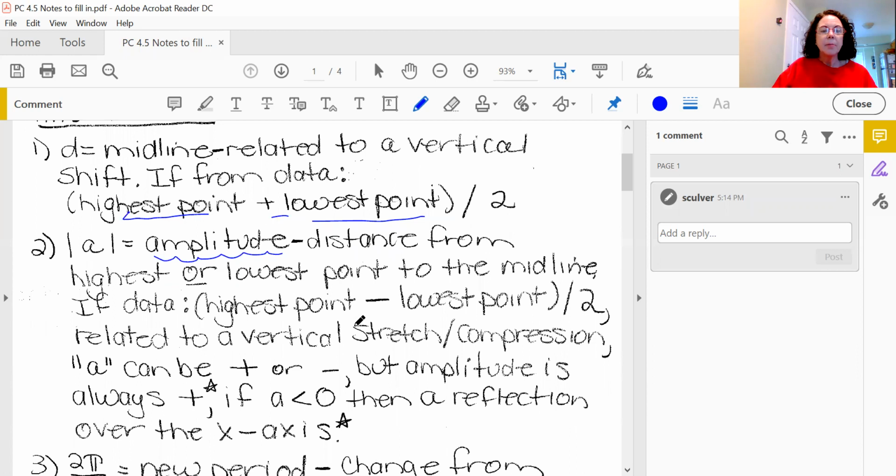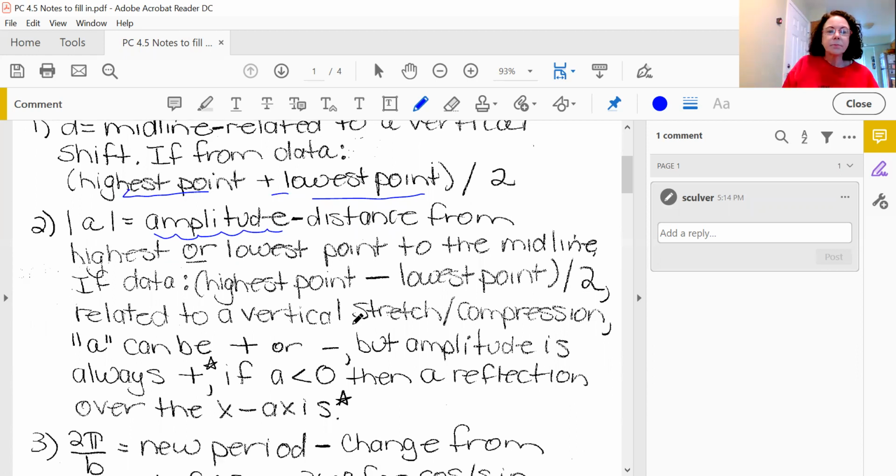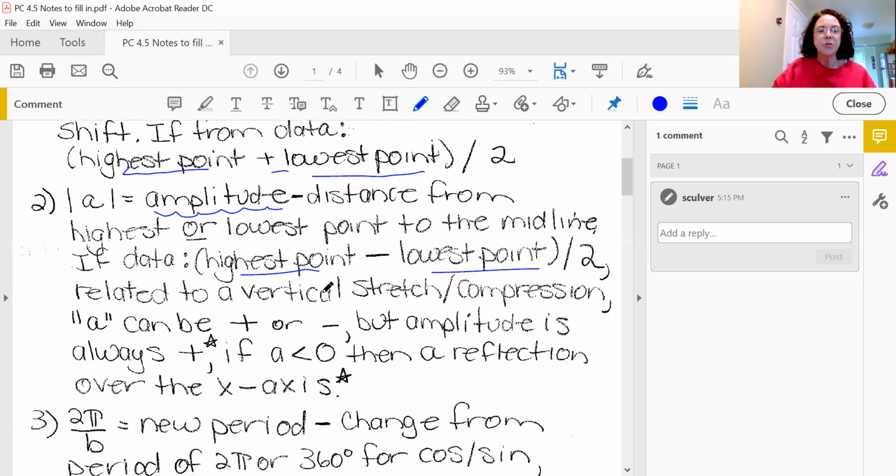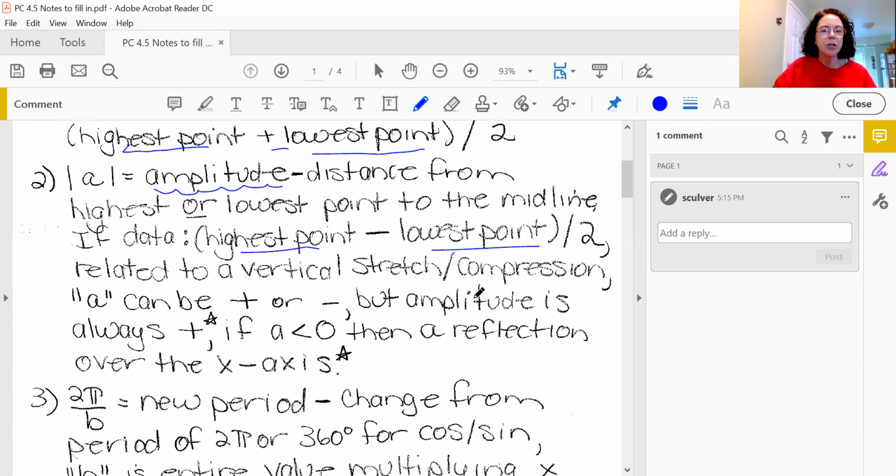So if you have data, that would be the highest point minus the lowest point divided by 2, right? Because that would be the distance between the highest and lowest point on the graph. And when you divide that by 2, that gives you half the distance. Again, it's related to a vertical stretch or compression.